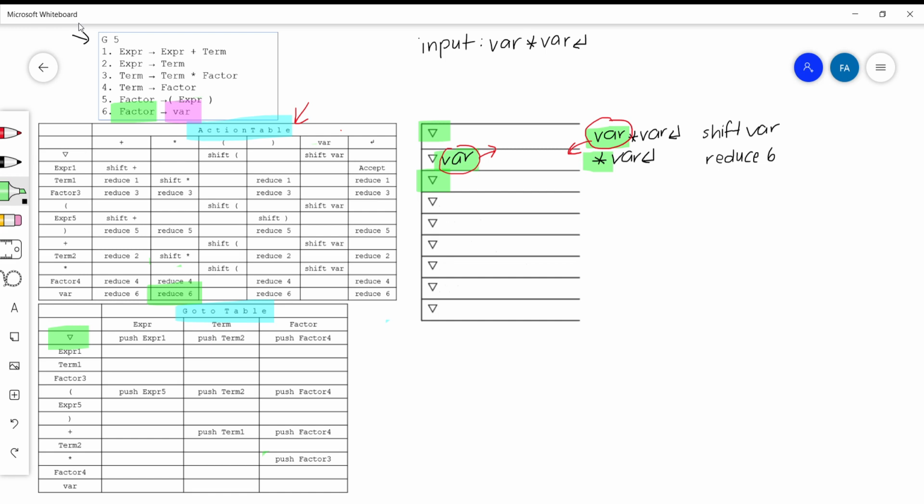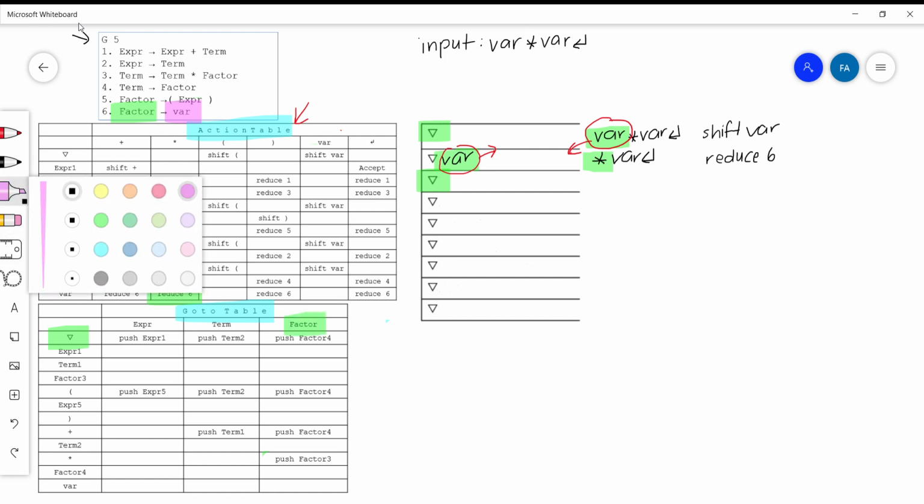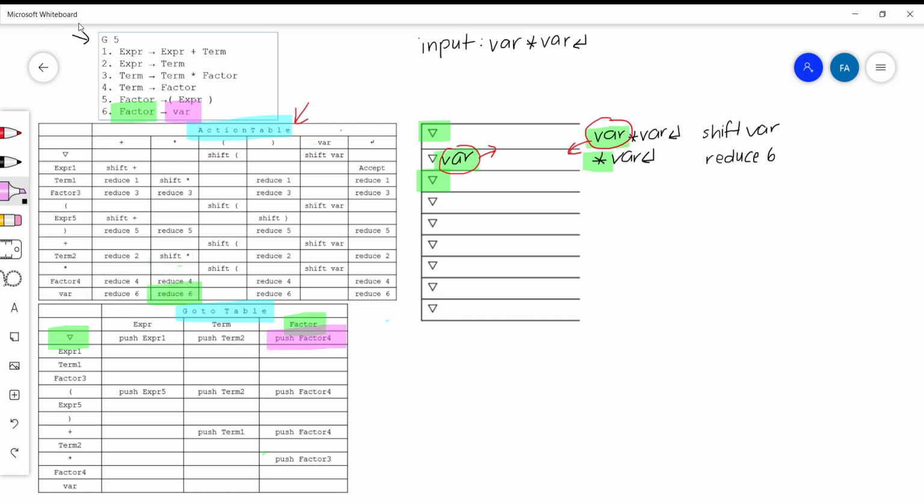Therefore, when we read bottom marker and factor, the cell reads push factor 4. So write push factor 4 here. And now we will push factor 4 on top of our stack, and we retain the current input. We do not advance to the next input.